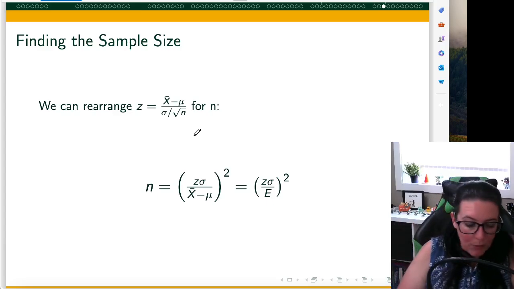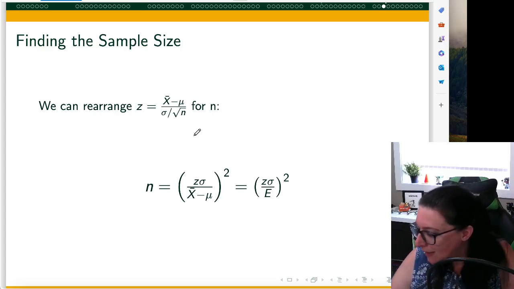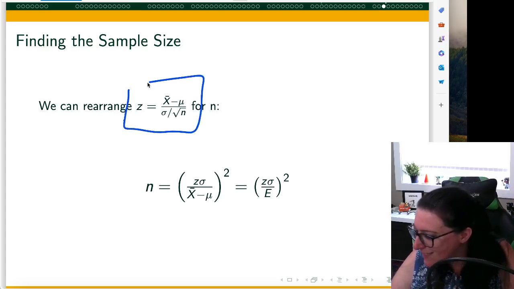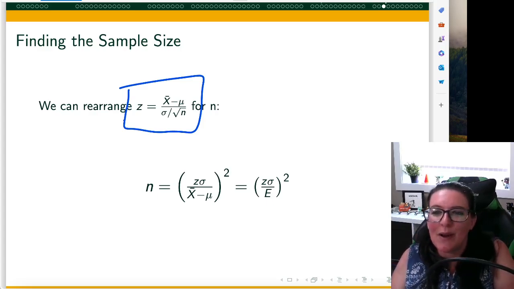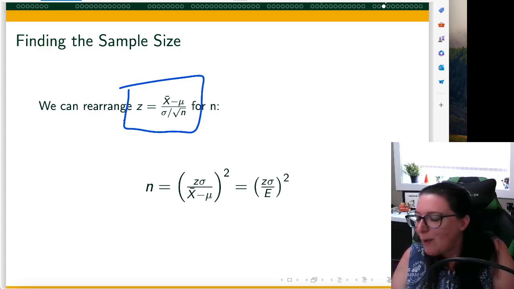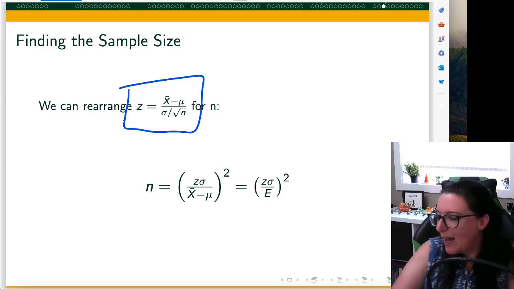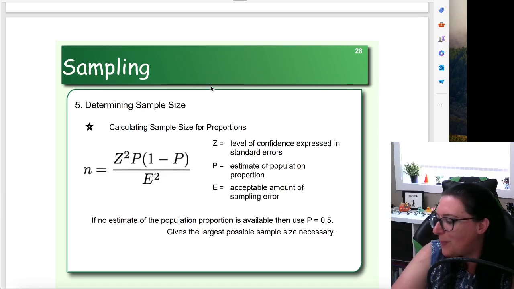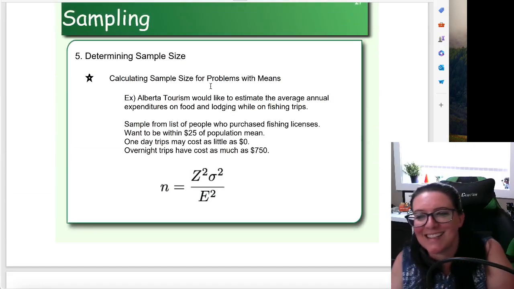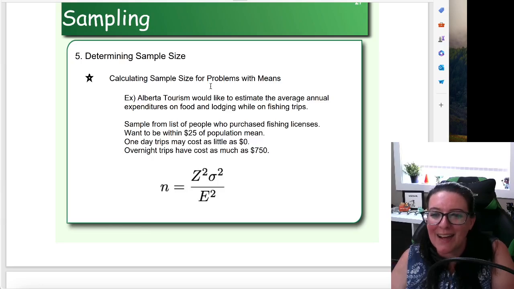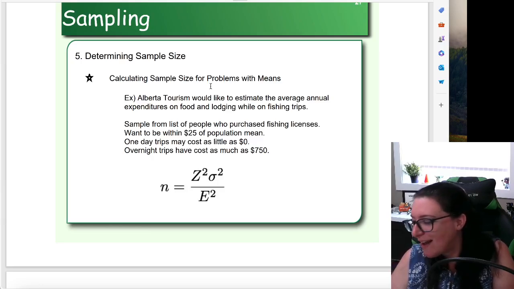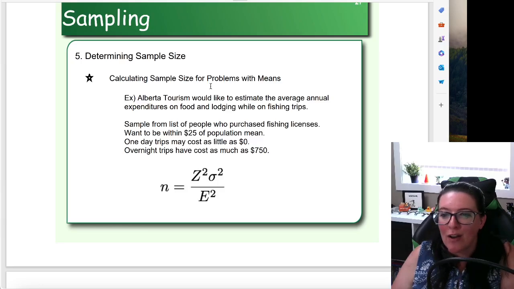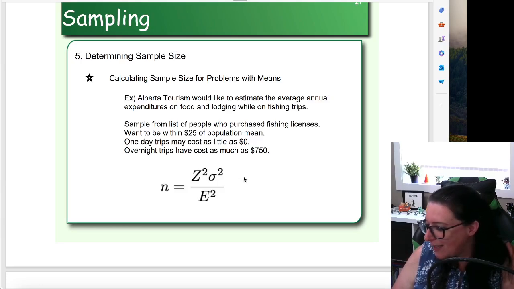They came from rearranging these formulas that you've seen before. So if we took that formula and we rearranged it to solve for n, we end up at this formula that we had earlier when we were looking at research design. And now you know where all of this comes from, right? This one here is the variability in the population.